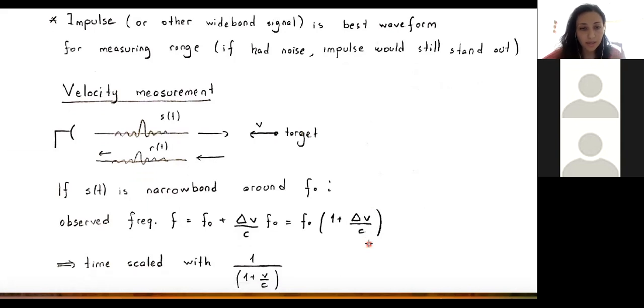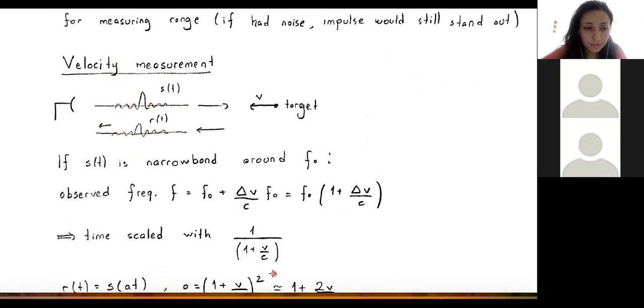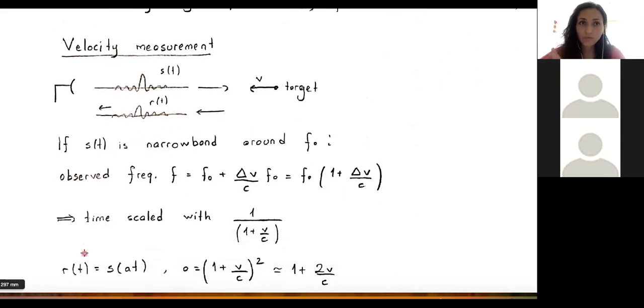Because you can interpret this as frequency scaling by an amount of 1 plus V over C, the effect in the time domain will be scaling by the reverse amount, 1 over 1 plus V over C. That means you can roughly, and this is of course an approximation, express your R of t signal, the received signal, as the scaled version of the S of t signal, and the scaling amount here will be this.